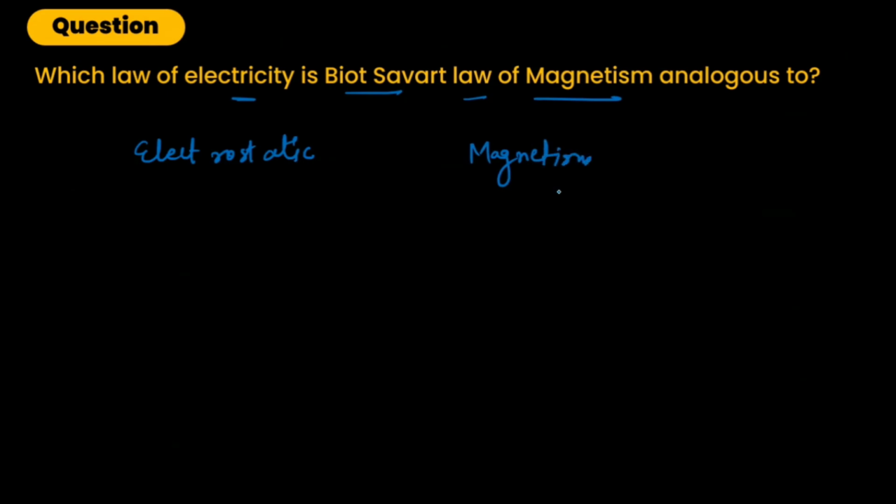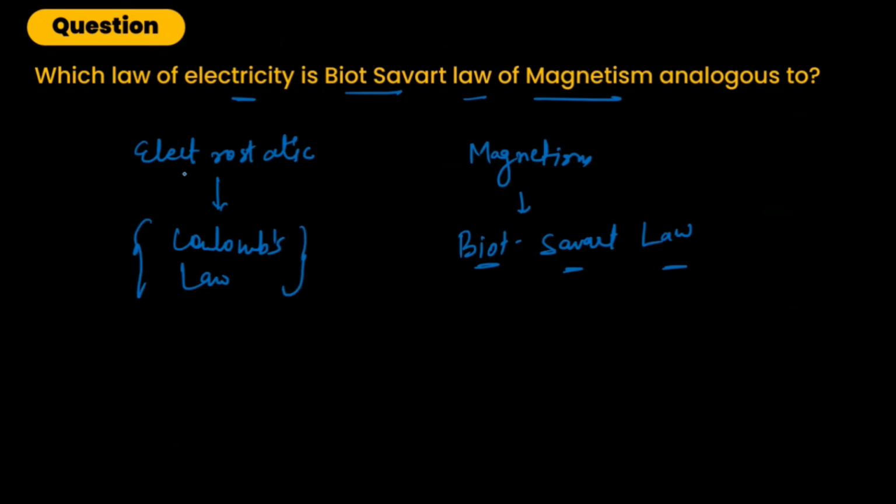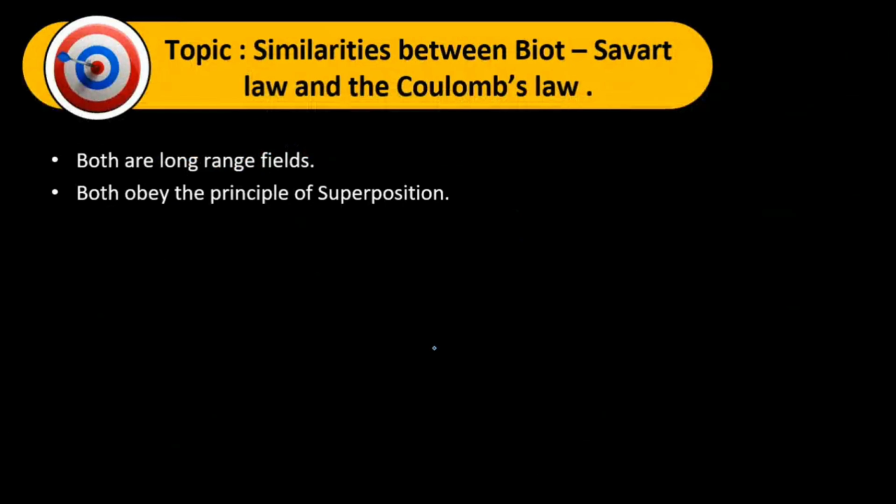In magnetism, we just saw it is the Biot-Savart law. Biot and Savart are the two people who worked on it and found the magnitude of magnetic field. Whereas in electrostatics, it is Coulomb's law. We saw it in the previous unit. So these two laws are completely analogous to each other, and we are going to see how they are analogous.